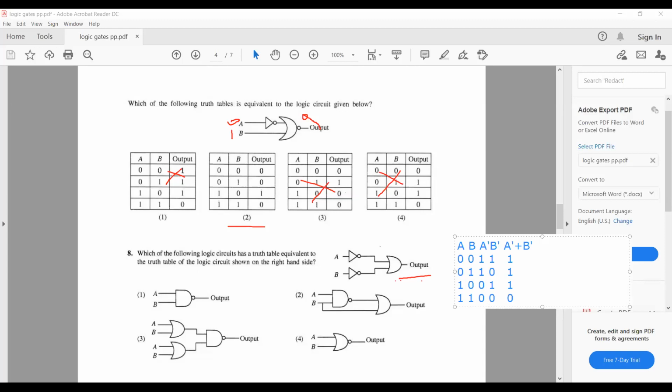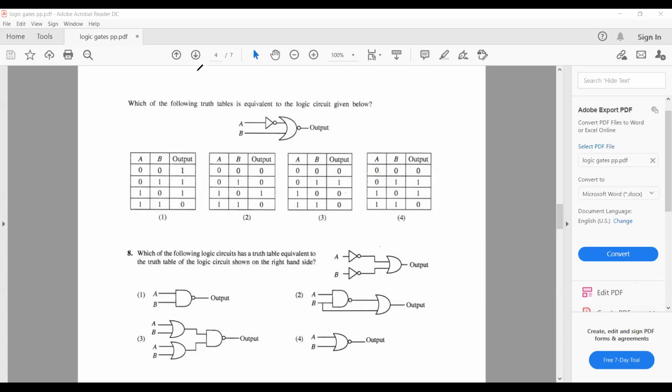That is actually NAND gate. Here it has given directly NAND gate. First one is the answer. Right? So you can find it out easily. Okay, we'll go to the rest of them.